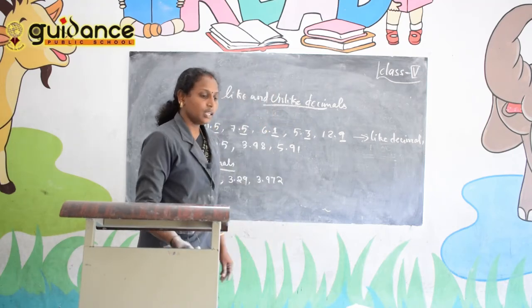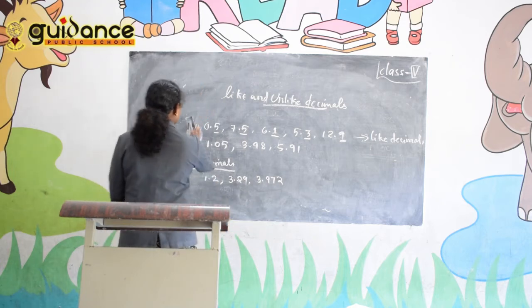The next topic is changing unlike decimals into like decimals. Very easy.